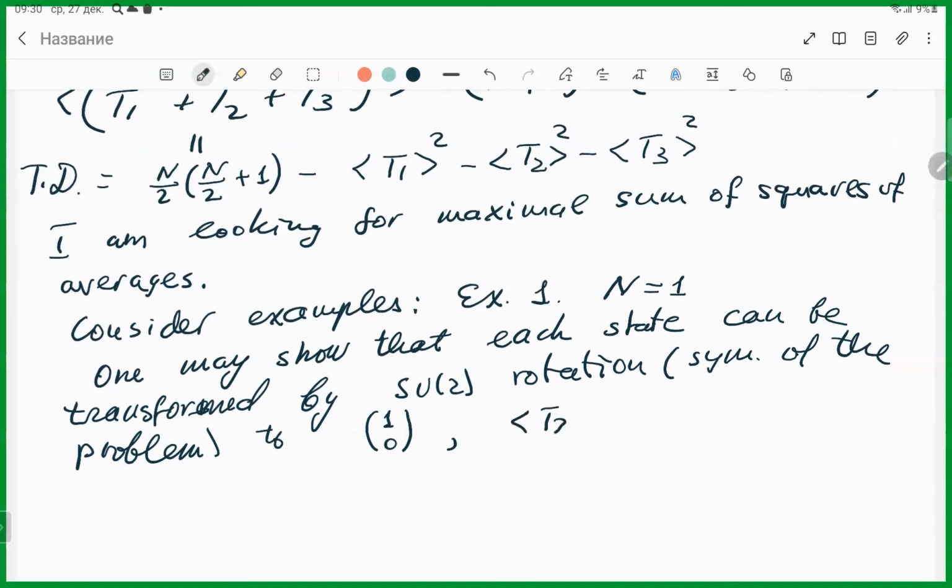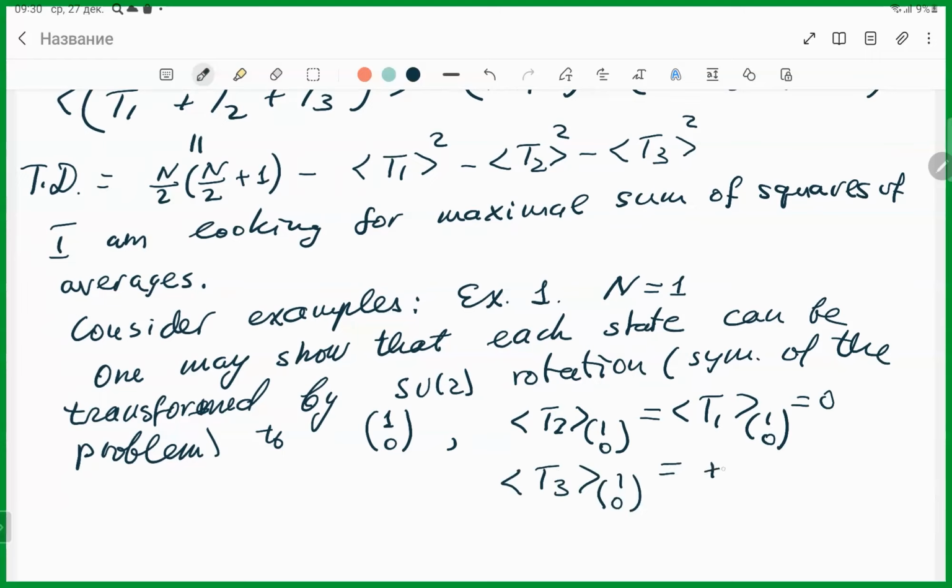Average of T2 on this state equals average of T1 on this state equals 0. Average of T3 on this state gives +1 with probability 1 plus -1 with probability 0. It is 1.